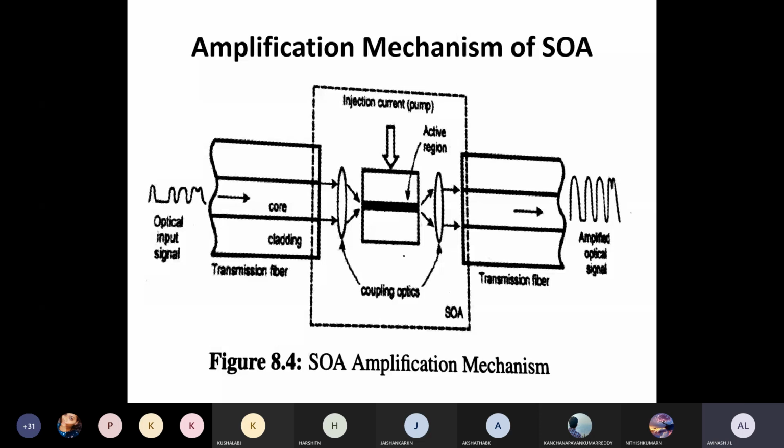If you are injecting a small amount of current, there is less amplification. If you are injecting more current, more amplification is going to take place. So that is exactly the concept here.